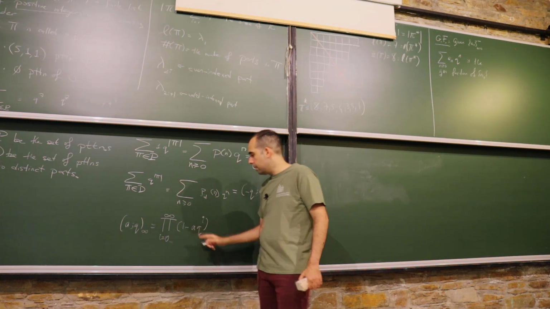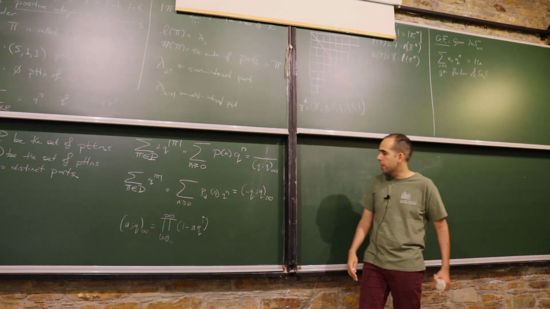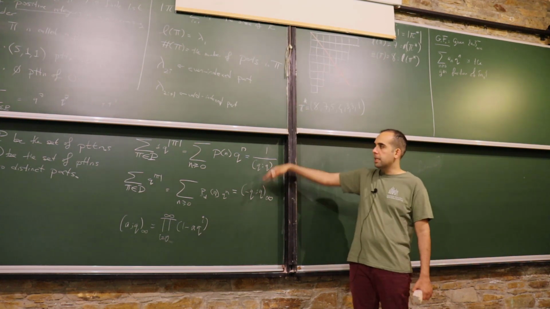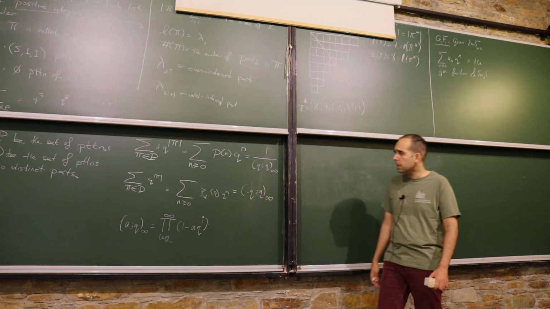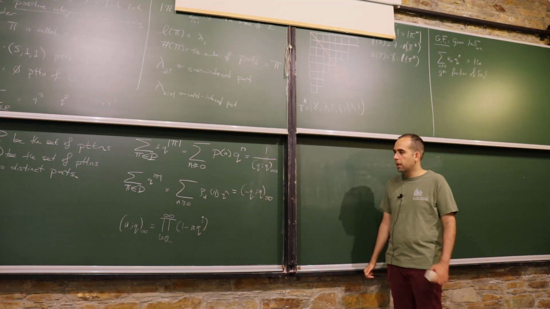So it's 1 minus a, 1 minus a q, 1 minus a q squared, so on and so forth. So we have these generating functions explicitly, we have their formulas as infinite products.